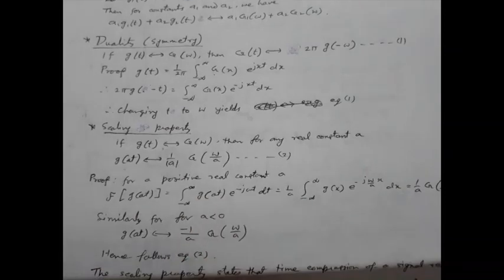Next is the scaling property. If g t, its Fourier transform is G omega, then g a t, its Fourier transform will be 1 by magnitude of a, G omega by a.